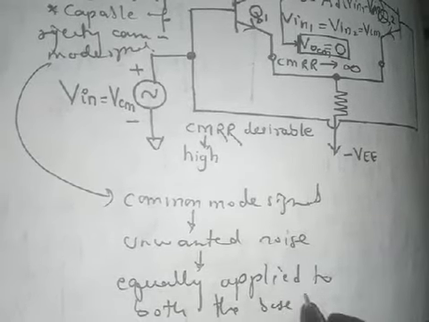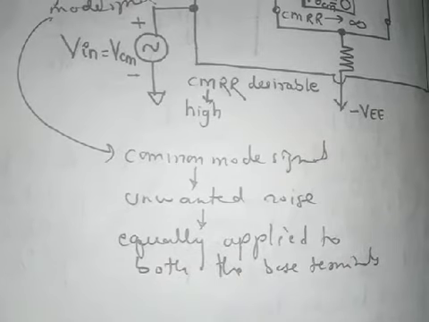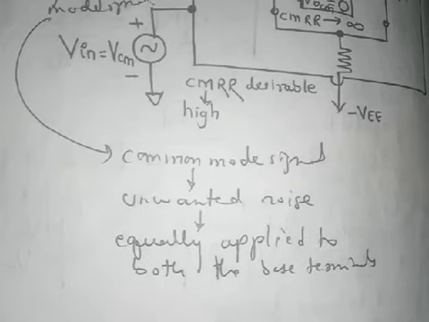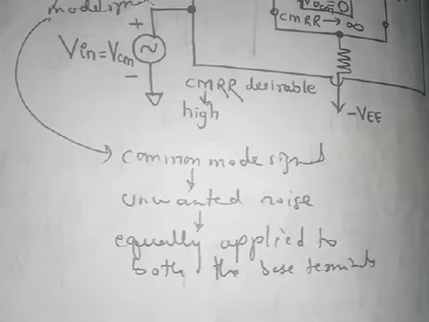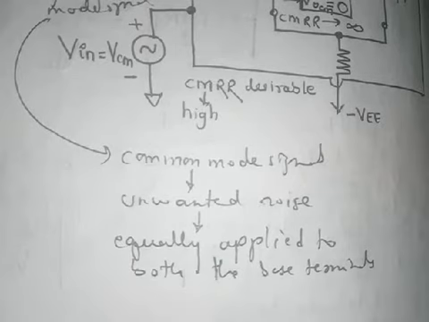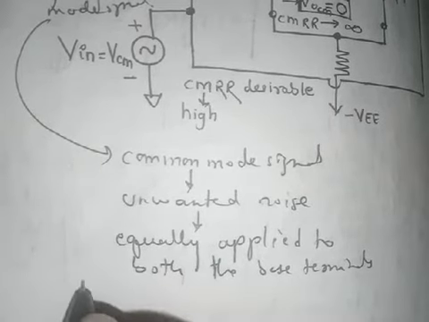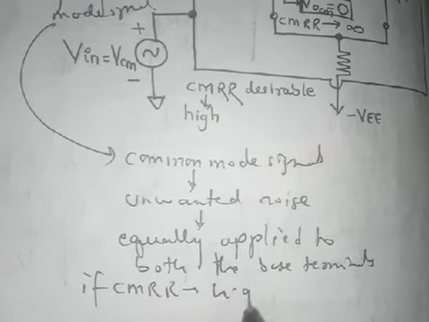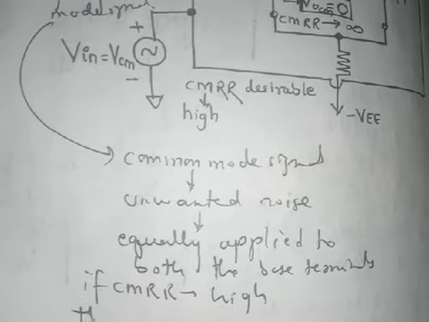So when the noise acts exactly the same on both the base terminals of the differential amplifier, and if the differential amplifier has high CMRR, this means that the noise becomes exactly zero at the output.